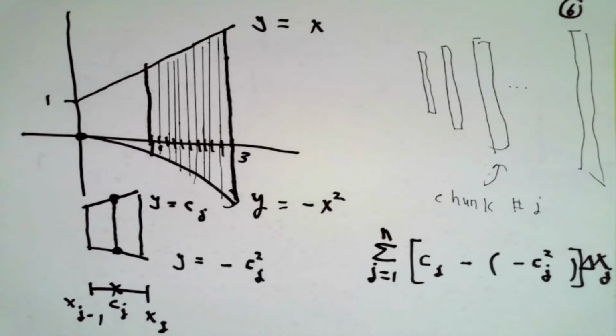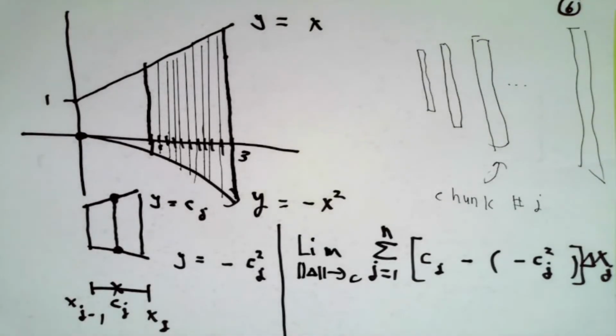To make the estimate perfect, I'll have to allow all of the widths of subchunks to tend to 0. And once again, following our recipe, the limit of a sum is going to turn into an integral sign. Delta x with the index, in this case j, turns into dx. What's left is an expression that involves c sub j.